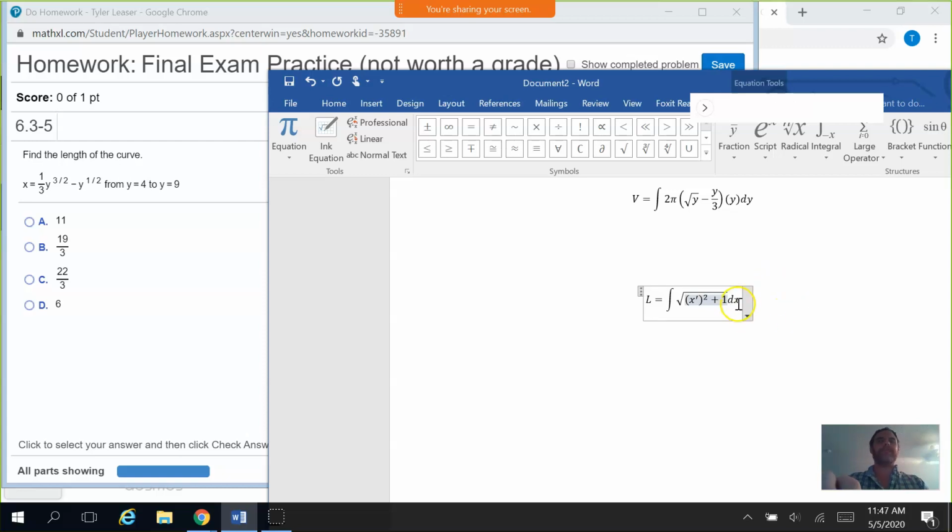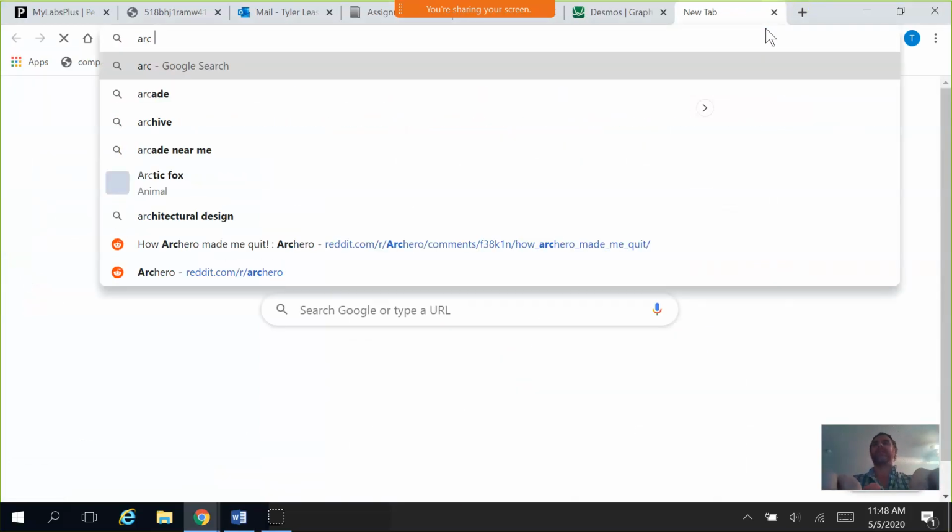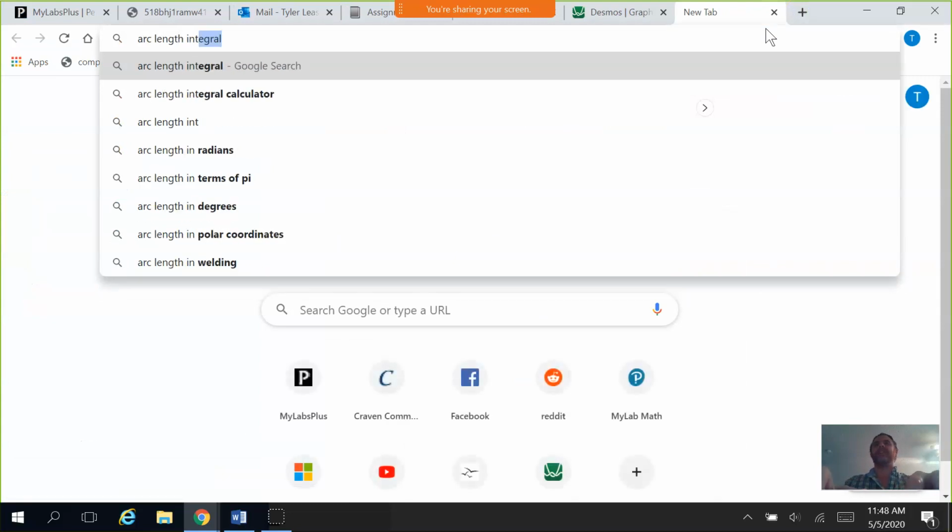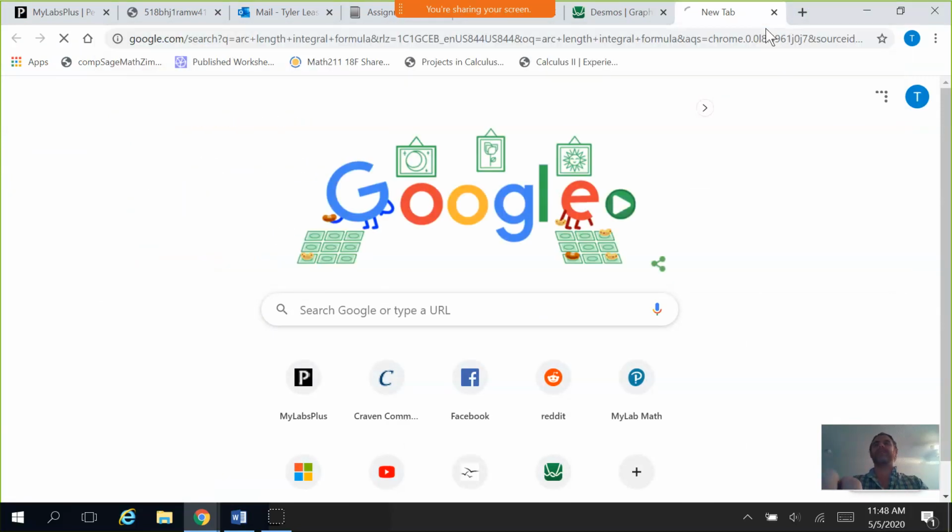Is that right? And this is going to be dy for this example because you're given the function in terms of y. Maybe it was the other way around, but I guess it doesn't matter. All right, you guys are going to have to look at that. Arc length integral formula.